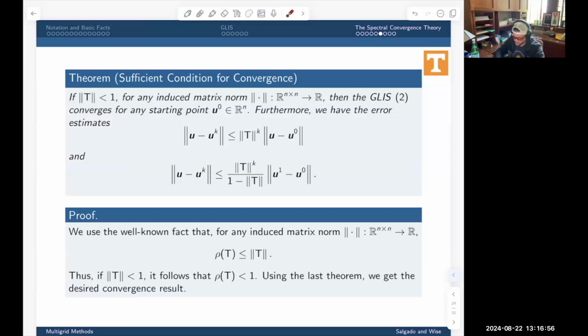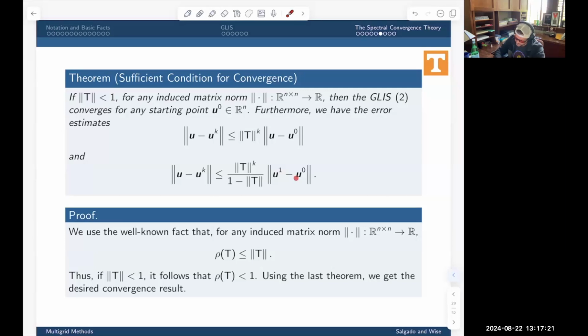Well, this one says that the error at iteration level K is less than something, we'll look at that in a moment, times the error that you measure between the first two iterates. Sorry, I got that wrong.